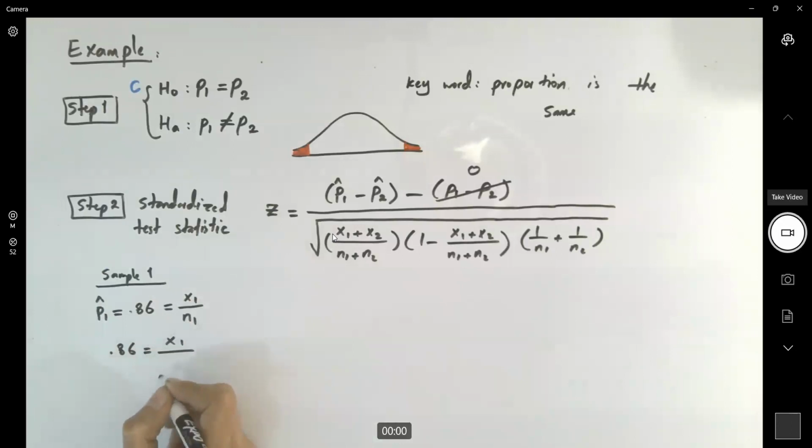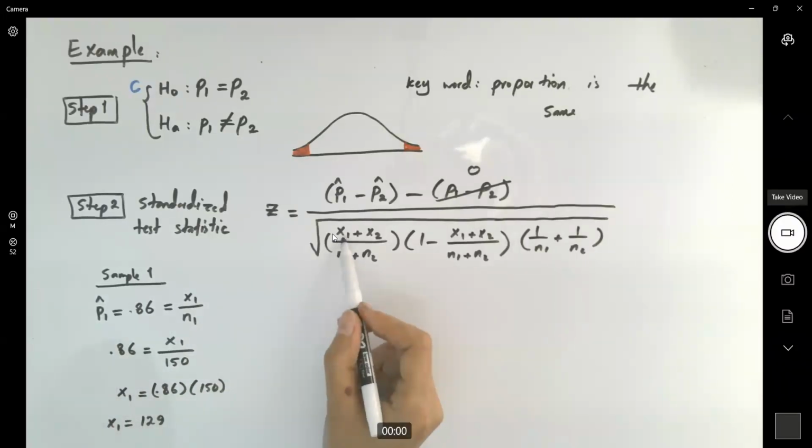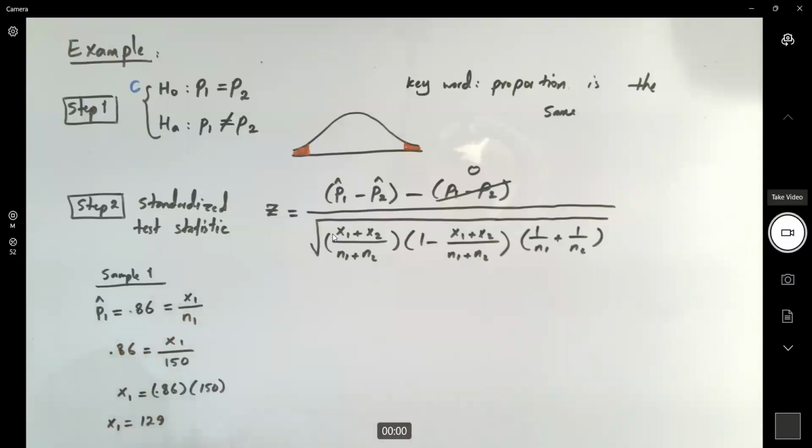N1 is the first sample size, which is 150. If you solve for x1, x1 is 86% times 150, which is equal to 129. So x1 is 129. With the same process, you can find your x2 as well.